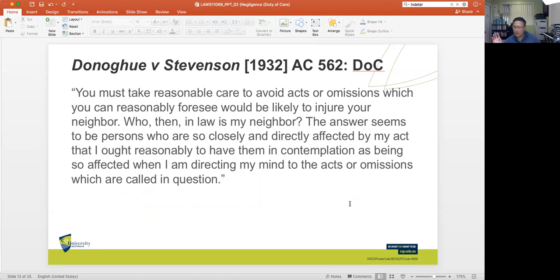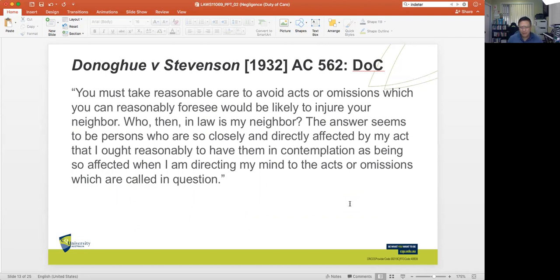The question was, could that friend who did not buy the ginger ale from the bar owner proceed against the bar owner given the absence of a privity of contract between them, because the contract of sale was only in relation to the bar owner and the friend who then supplied the plaintiff the ginger ale.